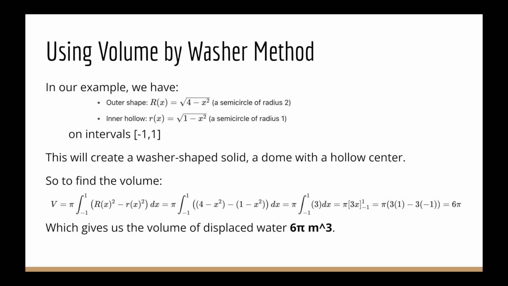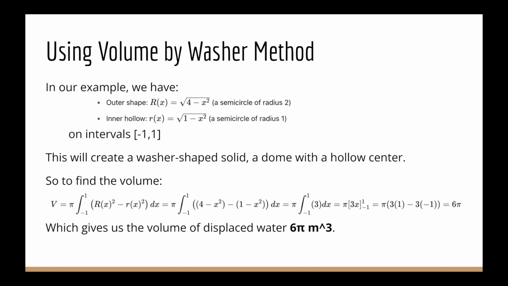For the inner hollow, we have r of x equal to the square root of 1 minus x squared, which gives us a semicircle with a radius of 1 on the interval of -1 to 1, which is why in our previous volume equation it had the bounds of the integral from -1 to 1. This shape will create a washer-shaped solid with a dome and a hollow center.